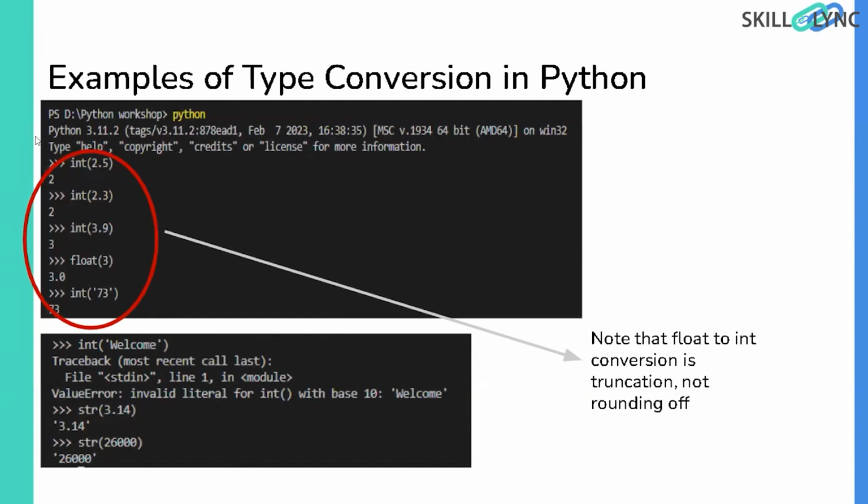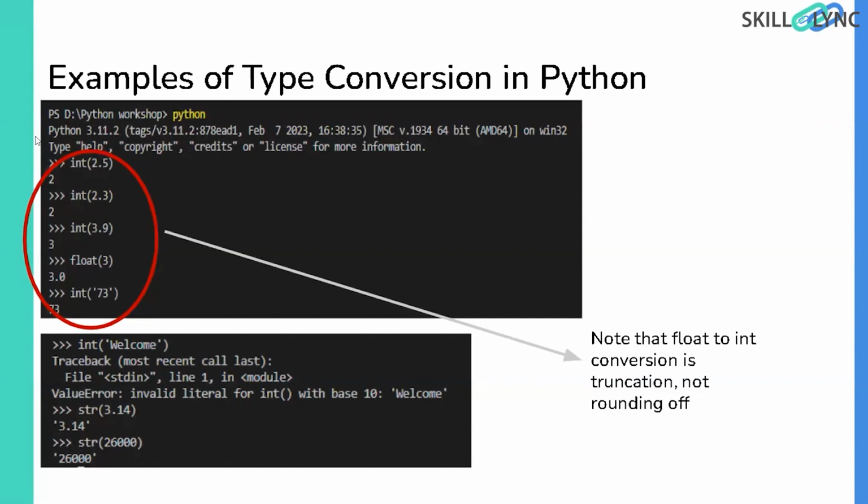This particular float is getting converted into integer, and that integer is nothing but 2, right? Similarly, if it is 2.3, the output is 2. If it is 3.9, it is 3. And if I am using float, float of 3 will return me 3.0. Correct?